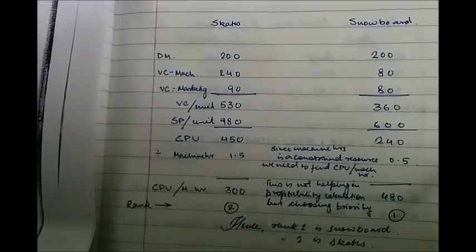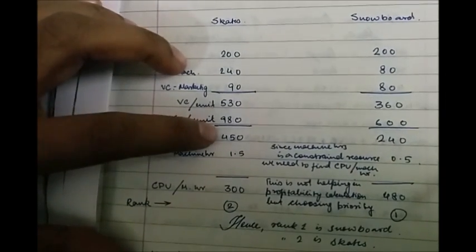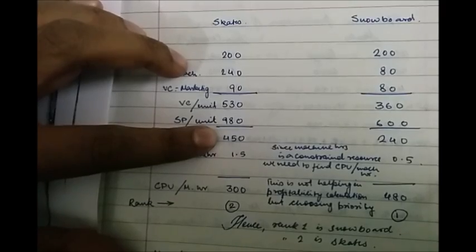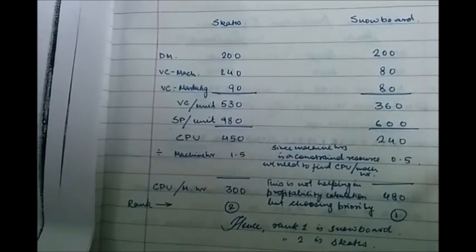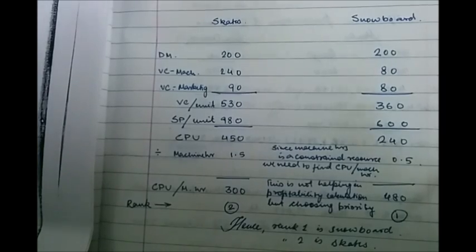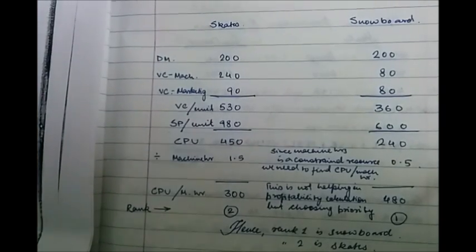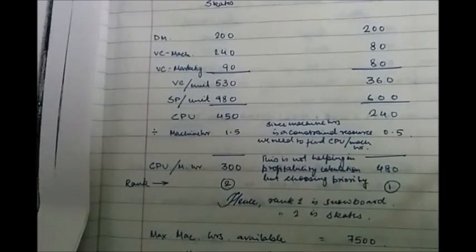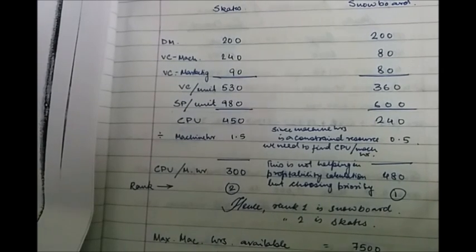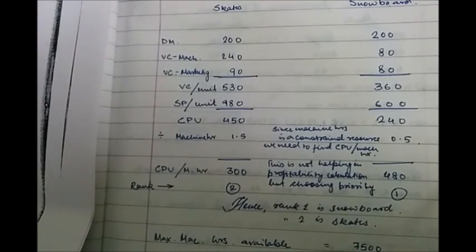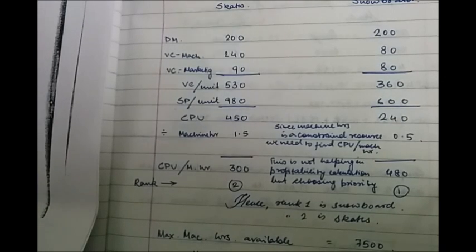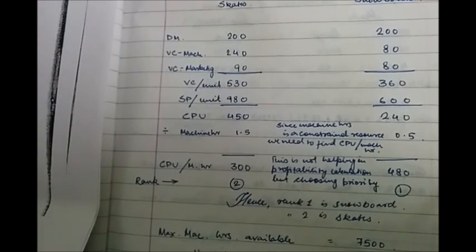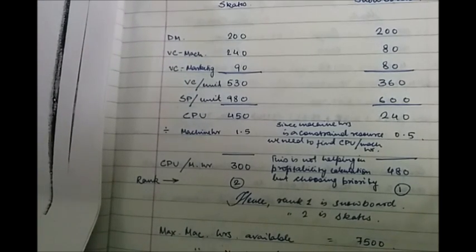Now at a glance, looking at these two, we see the contribution of skates is 450 and for snowboard it is 240. We will think that skates are more profitable, they give more contribution, so we should manufacture those. But we are overlooking one fact. They are consuming a particular amount of machine hours, and at the cost of that they are producing that contribution per unit.